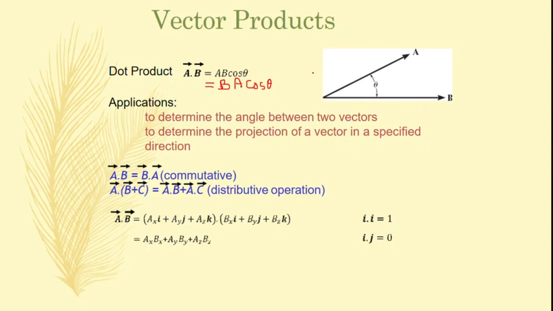So basically, how can we calculate the angle between them if the two vectors are given to us?